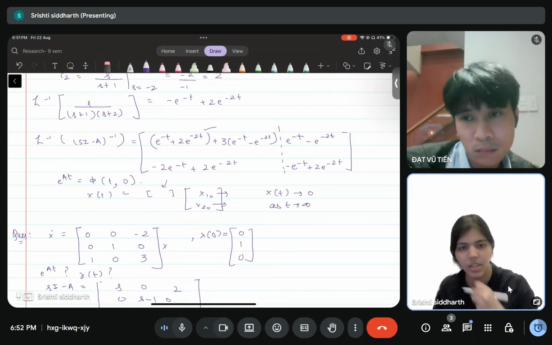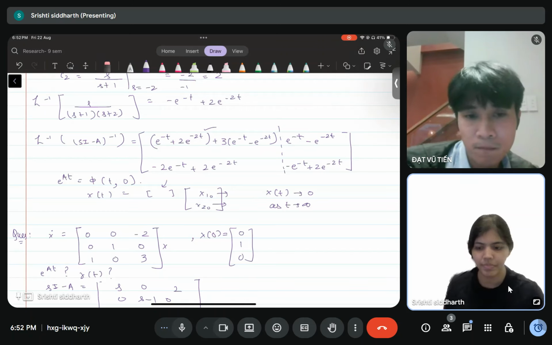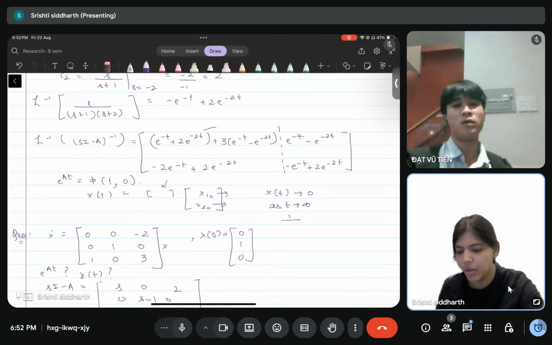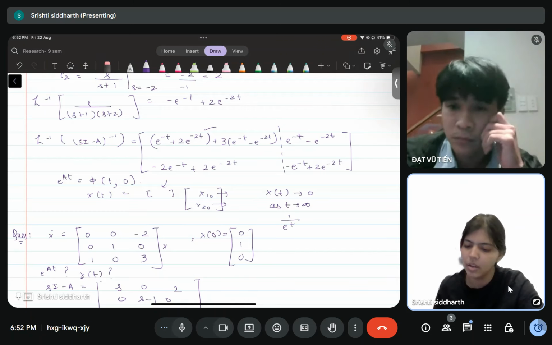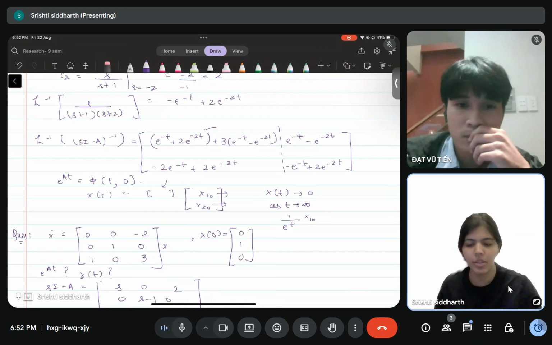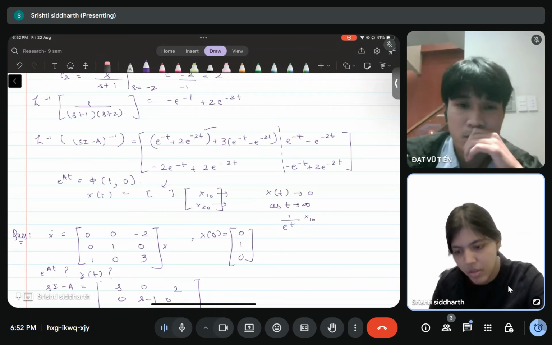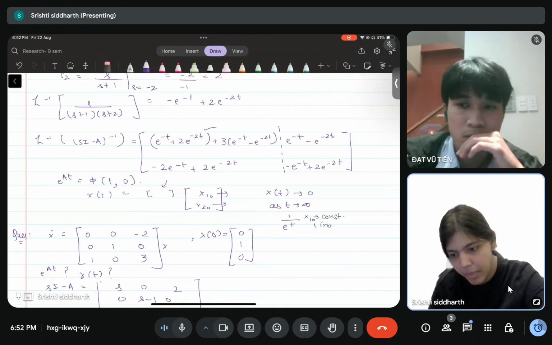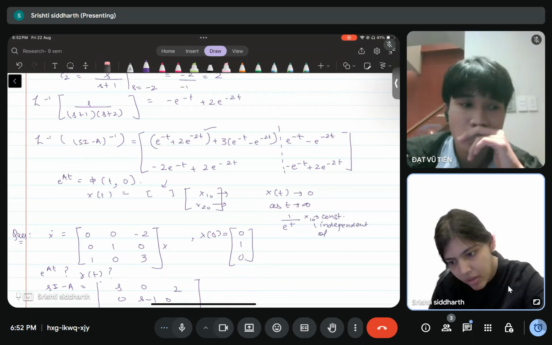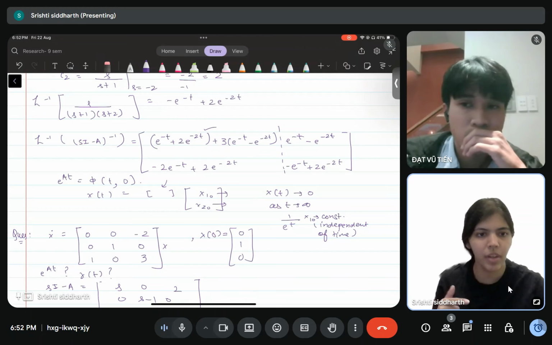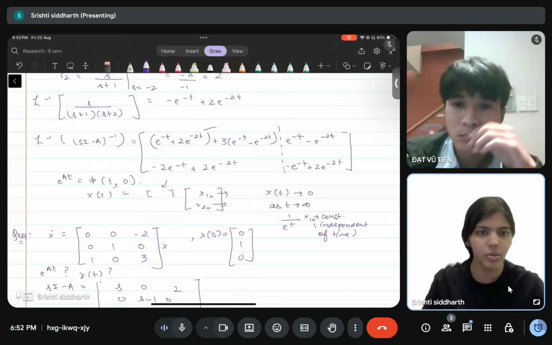Because all the exponentials have negative powers. So it would be something like 1 over e to the power t times some constant, let's say x10. This is a constant, or independent of time. So as t becomes infinite, the solution would converge to 0.